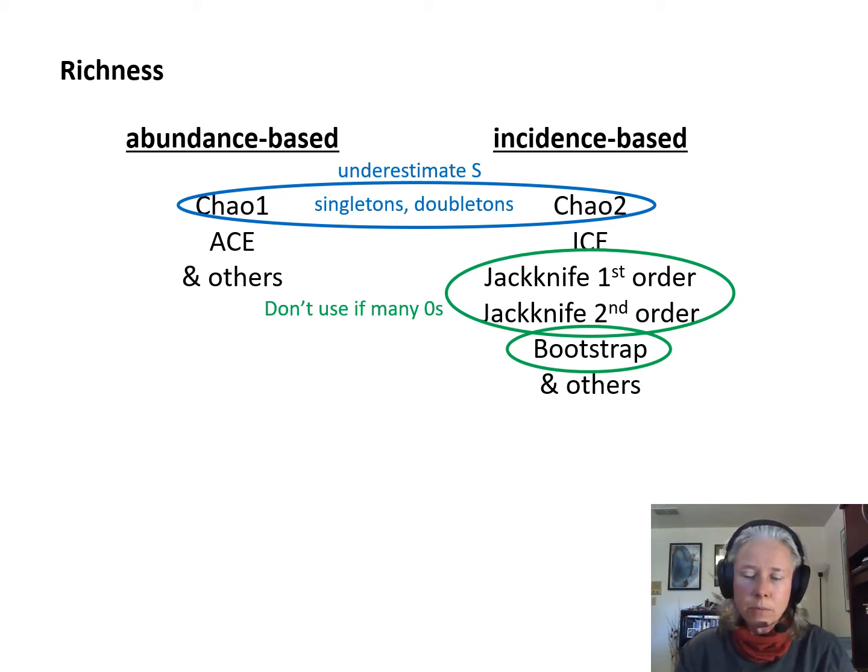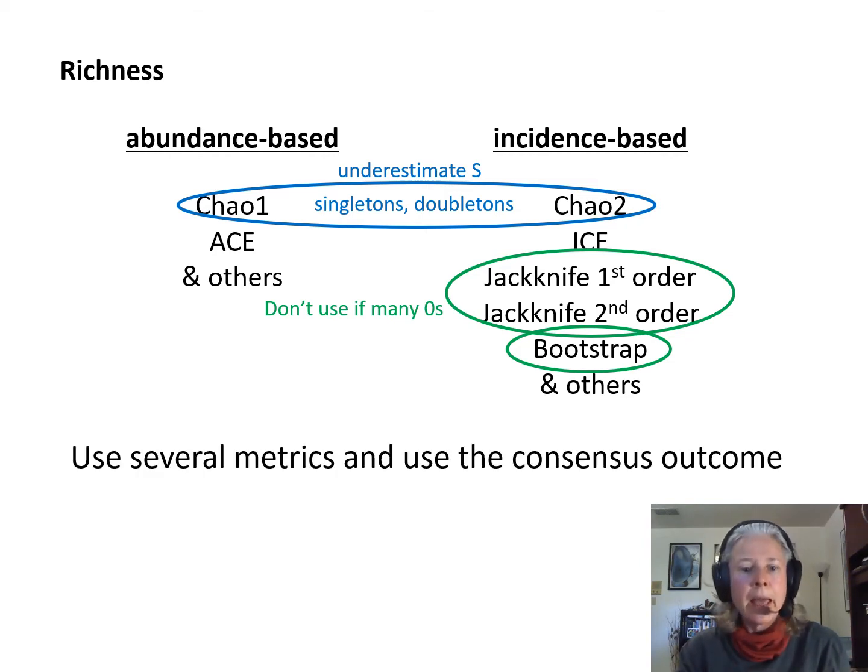And so, therefore, what you need to do is consider the structure of your data. Is it abundance-based or incidence-based? Do you have lots of zeros in it? What's your sample size? And then pick your measures accordingly. And it would be prudent for you to use several metrics and then use the consensus outcome.